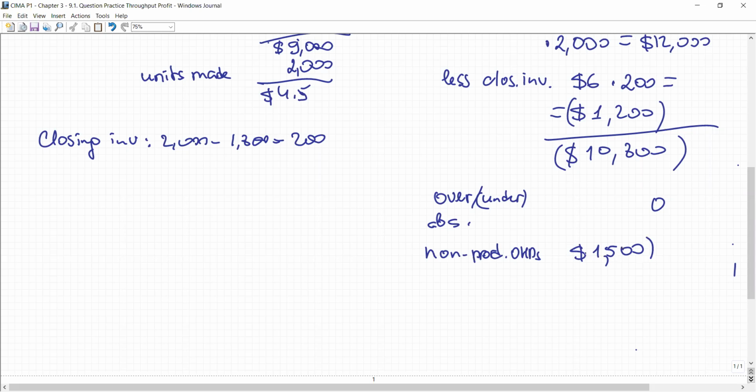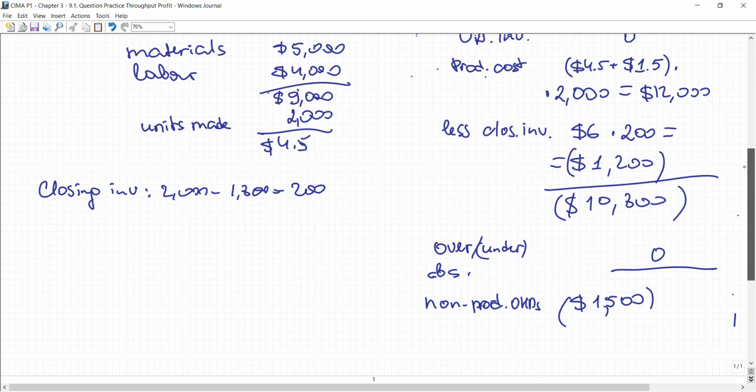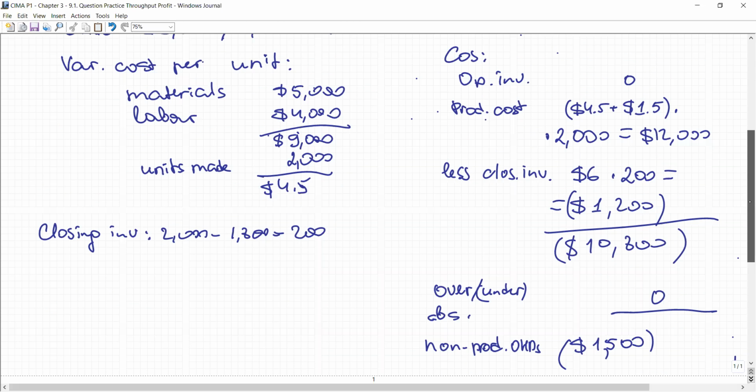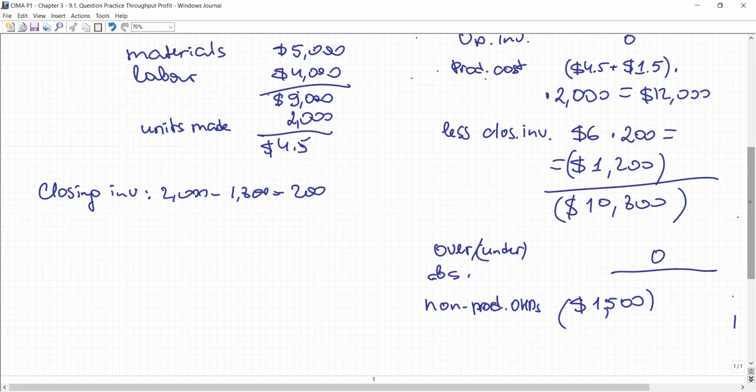1,500. Oh, sorry, I was explaining to you over and under absorption, and I did not include here the gross profit figure. Gross profit is revenue of 18,000 less 10,800 equals 7,200, and this is gross profit.